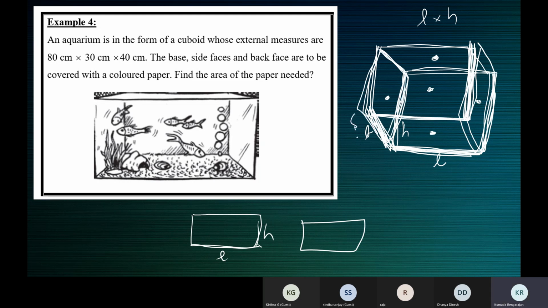Can you see B here? Yes, ma'am. And can you see H here? Yes, ma'am. This one is the height. Breadth into height is the area of the side faces. Let me draw it again.